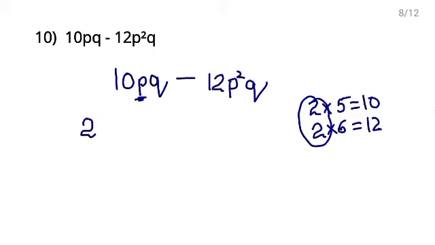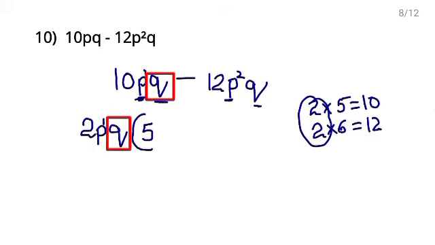P is here, that means p raised to the power 1, and p raised to the power 2 is here, so you can take p raised to the power 1 because p raised to the power 1 is common, right? You also have q here, so take q. Now inside the bracket 2 5s are 10, so write 5 here. P raised to the power 1 you already have taken outside, and there was only p raised to the power 1, so no p is left. Q also you have taken outside the bracket as the common variable, right?